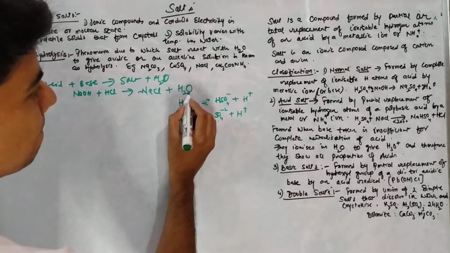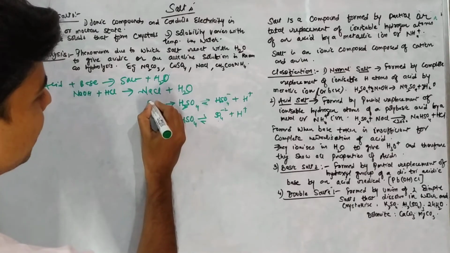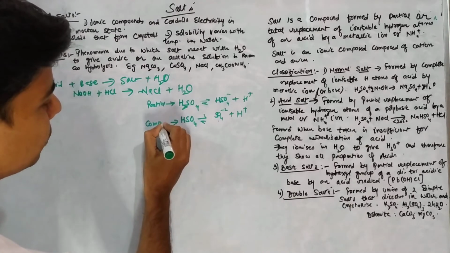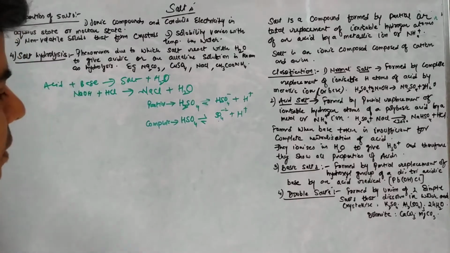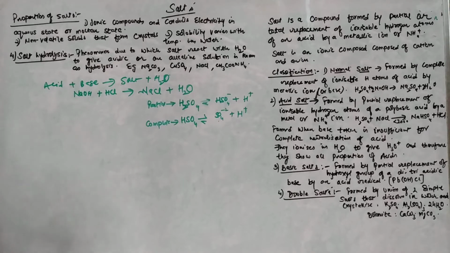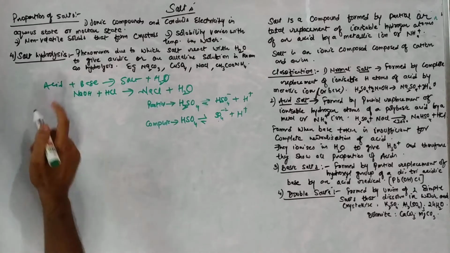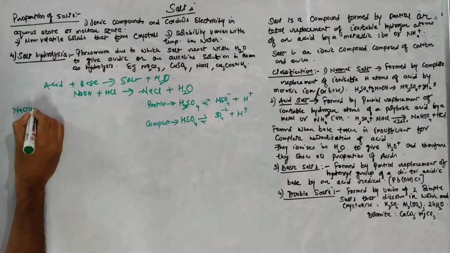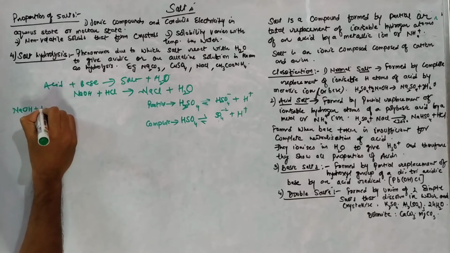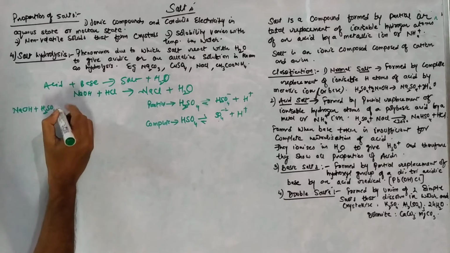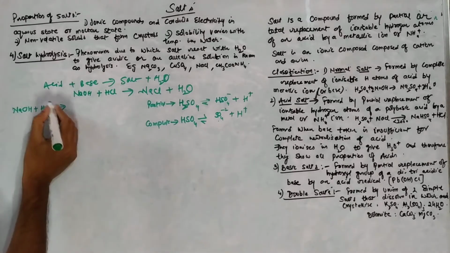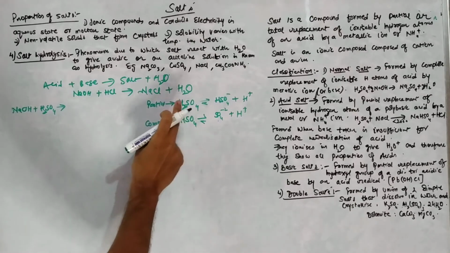So this is partial ionization, and this is complete or total ionization of sulfuric acid, right? So if we take sodium hydroxide and react it with sulfuric acid, if we look at the first step, this is partial ionization.